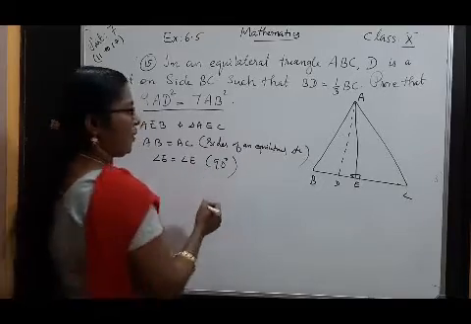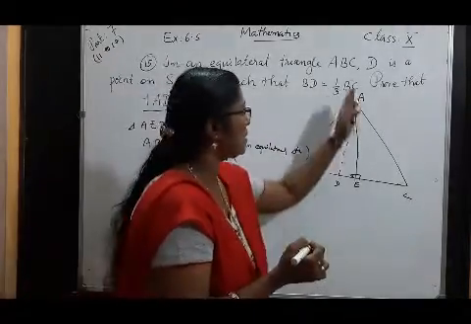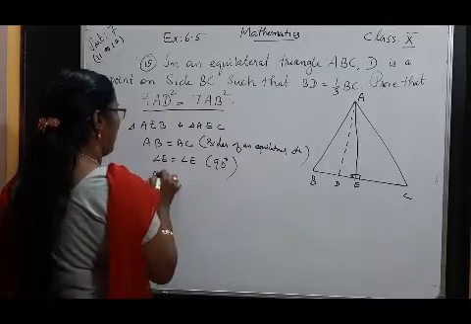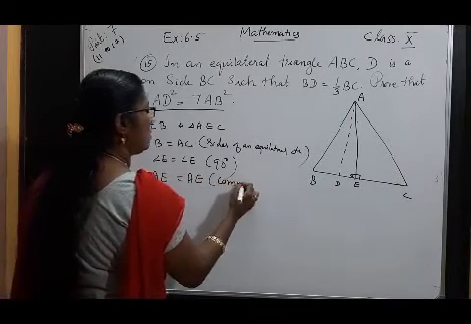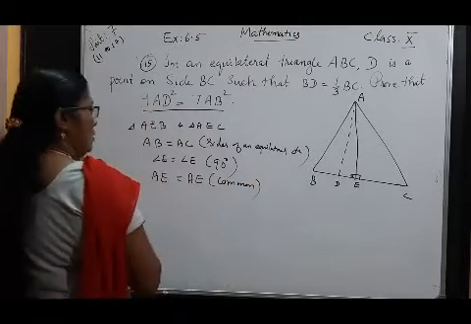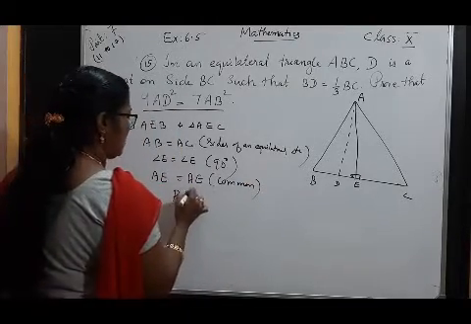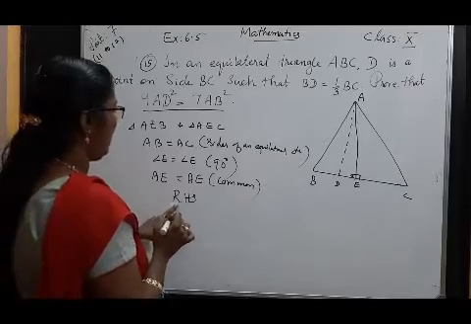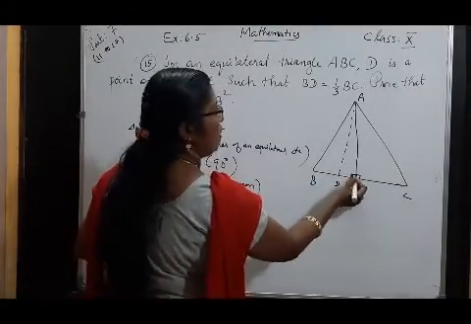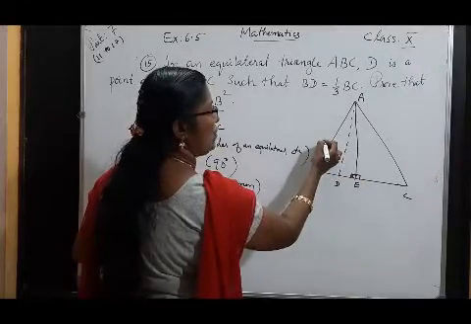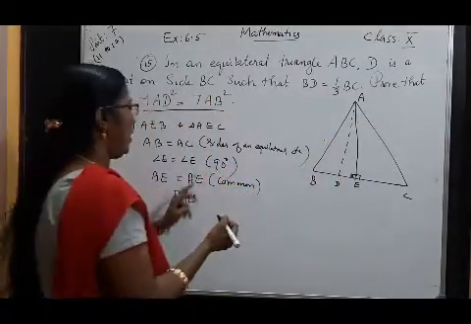Then you can take any one of the sides, AE common. AE equal AE, that is common. By RHS congruency, right angle, hypotenuse and one of the sides. This is the right angle, the side opposite to the right angle is the hypotenuse, and any one of the sides is equal to that of the other triangle.